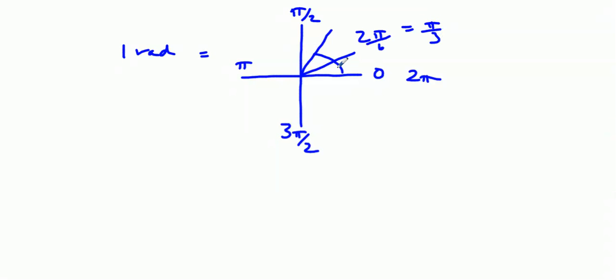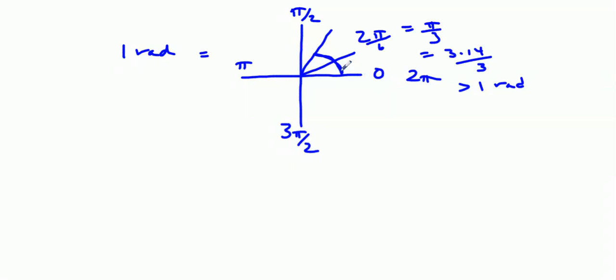Pi by 3 is pi divided by 3, 3.14 divided by 3, which is slightly bigger than 1 radian.